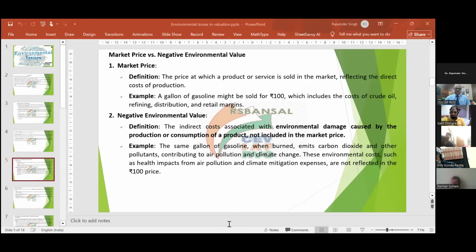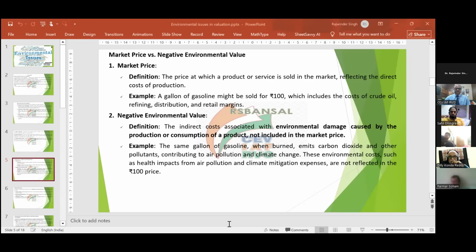You know the definition, but in simple terms, we can say it is the price at which a gallon, a product or service is sold in the market, reflecting the direct cost of production. That is called market price. For example, a gallon of gasoline might be sold for rupees 100, which includes cost of crude oil, refining, distribution, and retail margins, etc. That is market price.